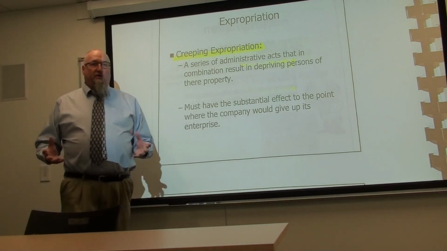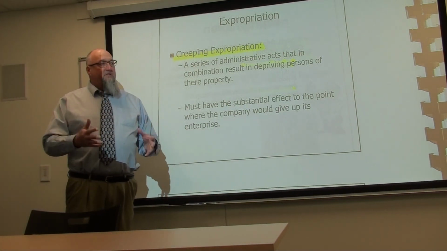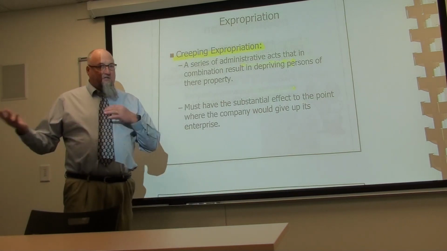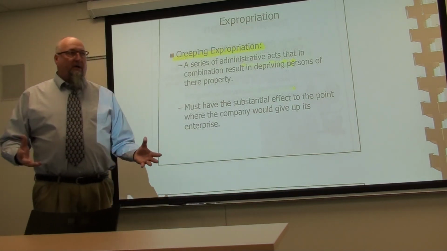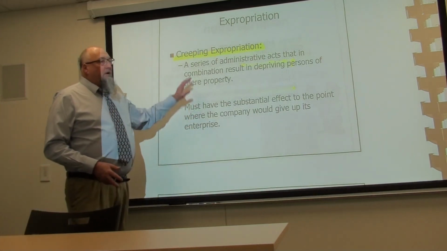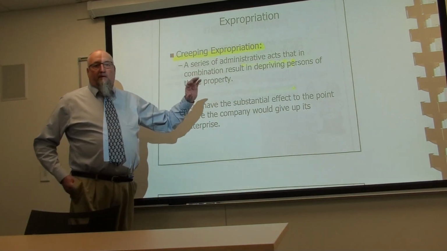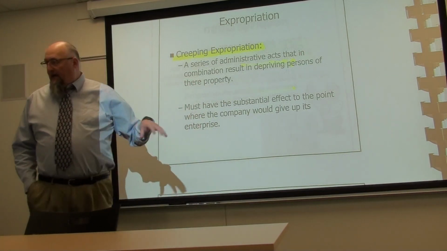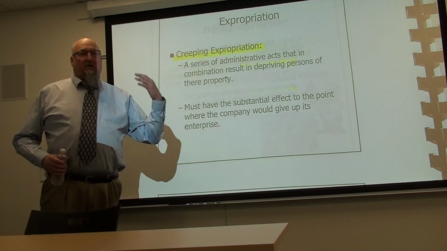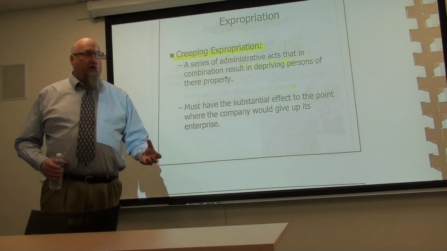Traditional expropriation is a government entity comes in and literally takes a building and land and kicks the people out, and it's now used by the government. It's done right there on the spot. Creeping expropriation refers to another way that property essentially can be taken, but not necessarily through direct seizure.